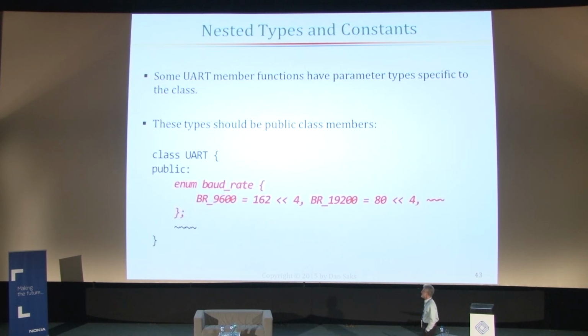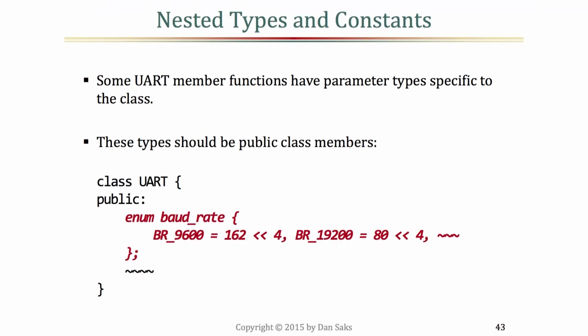Next. Now, in the examples that follow, I just threw in this declaration because I didn't want you wondering where this came from. It's not at all uncommon that a class which wraps a piece of hardware might have bit settings in some of the registers that you want to have part of the interface to the member functions of the class.